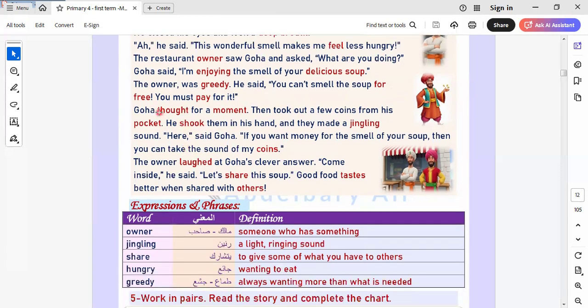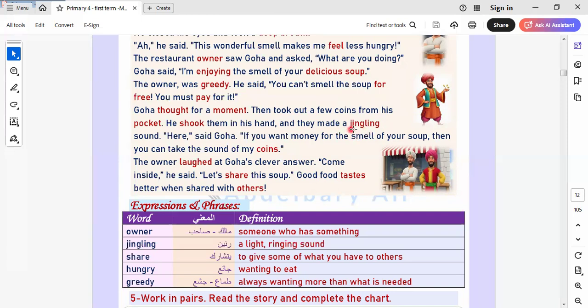Goha thought for a moment, then took out a few coins from his pocket and shook them in his hand, and they made a jingling sound. Jingling is like the sound of the games in the circus, like the man who does acrobatics in the circus.